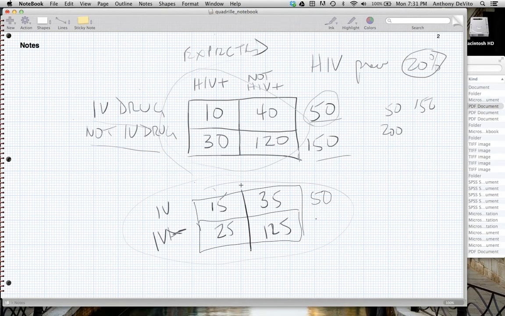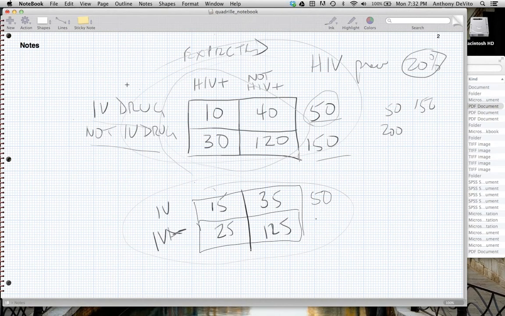Would that be practical? Would you really expect that to happen in real life, even if that were the case? No, right? You'd expect maybe I get 11, maybe 14, maybe 8, a little higher, a little lower. It's just like any sampling. We're not likely to get exactly what our expected values are.